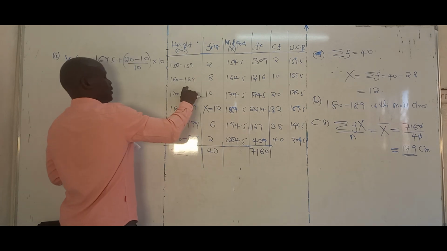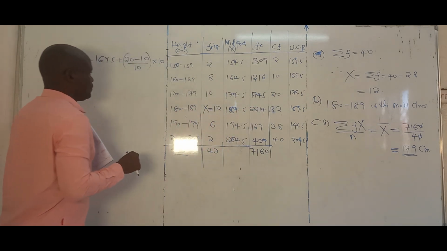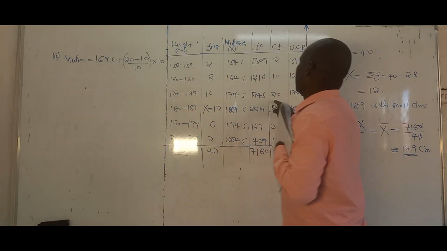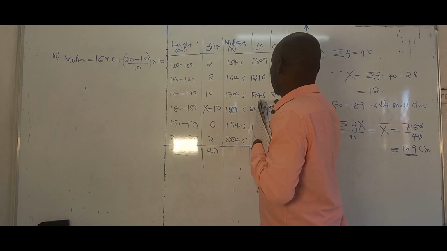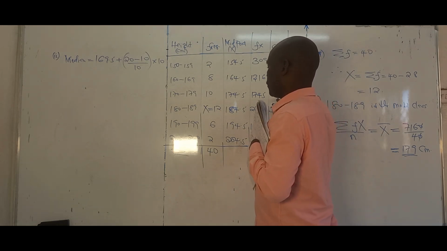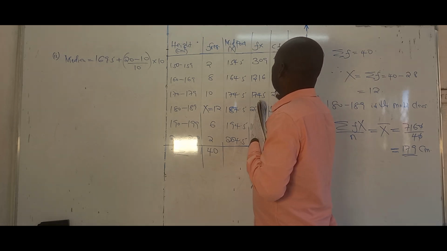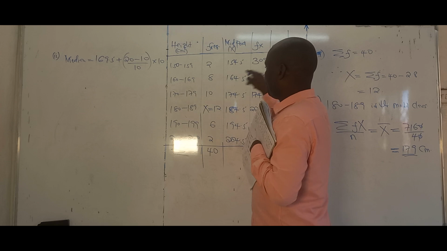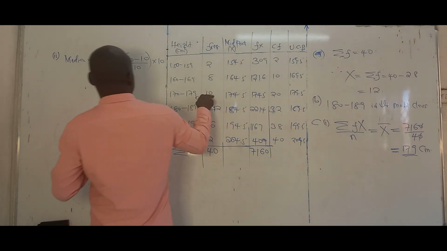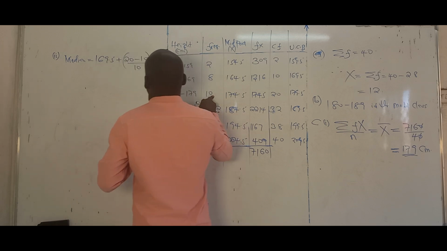And this 20 is the cumulative frequency corresponding to that class that contains the median. 10 is the frequency of that particular class that contains the median.